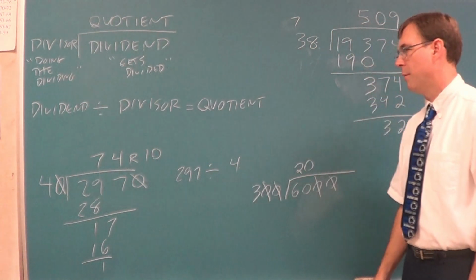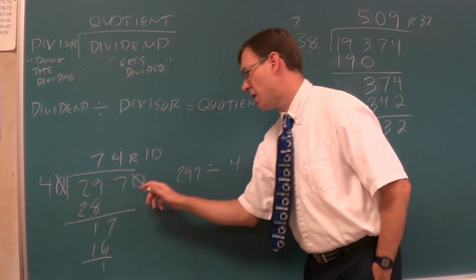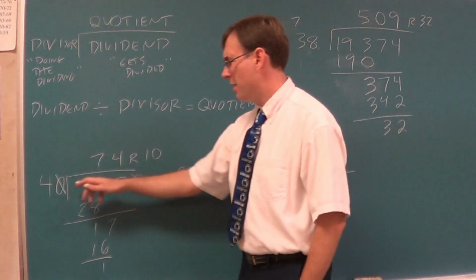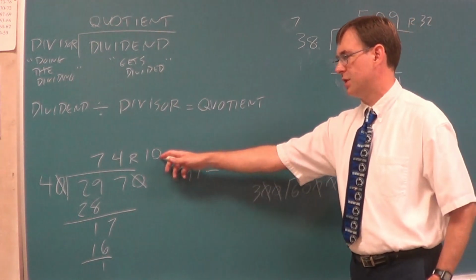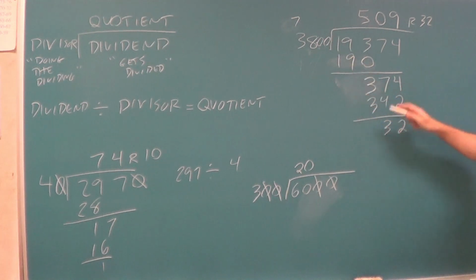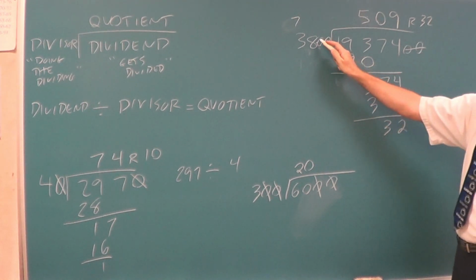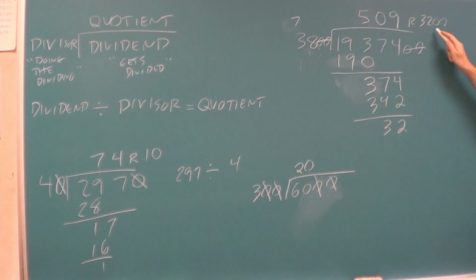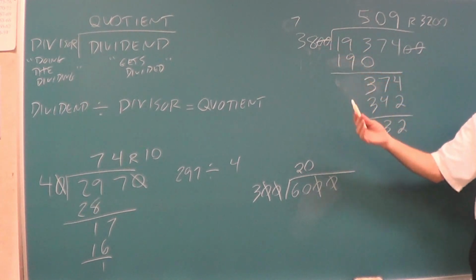I'd get a remainder of 10. So if you ditch the zeros and it divides evenly, you're gold. If you ditch the zeros and a remainder appears, you're going to have to increase the remainder by putting the zeros back on. So if I made this 3,800 with a couple zeros, we could ditch those and divide like we did, but when we're done, it would be a 3,200 remainder, which is fine. It's a big remainder, but it's less than the divisor, so it'd be okay.